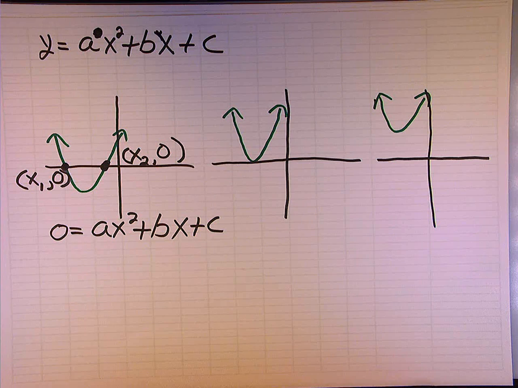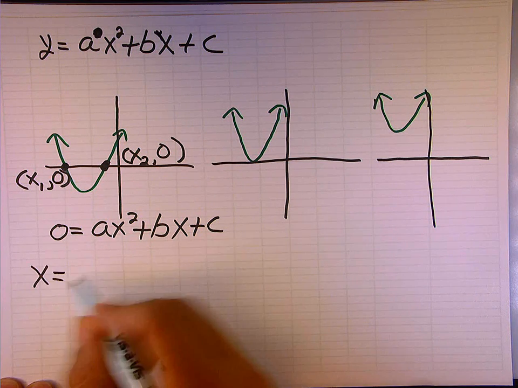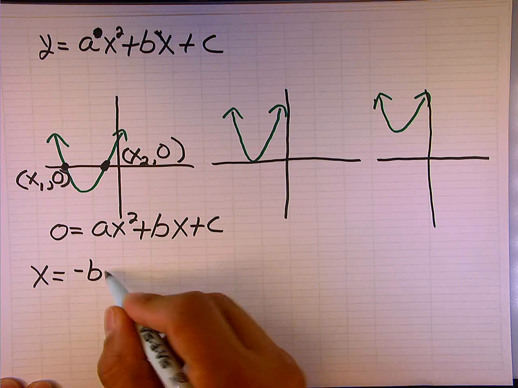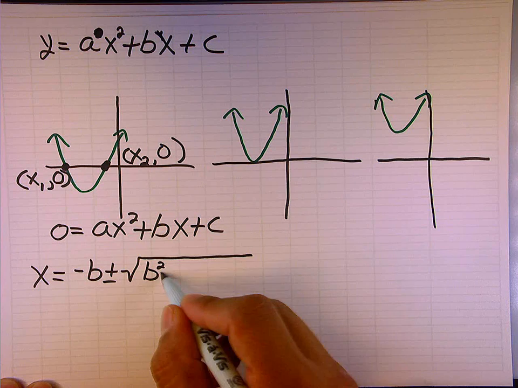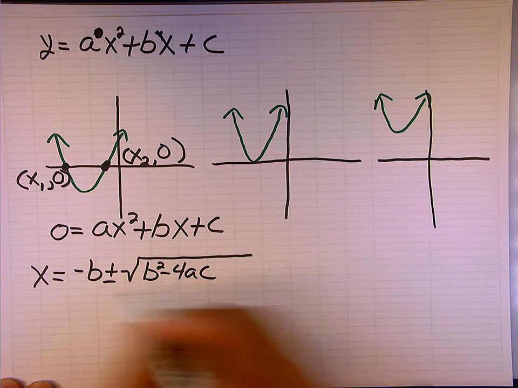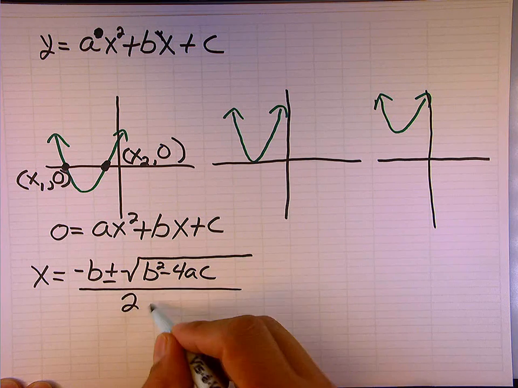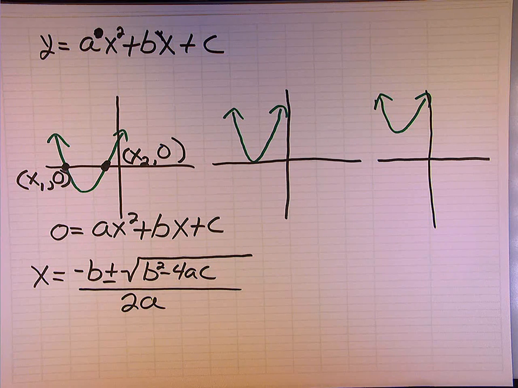So immediately I can find x1 and x2 by using negative b plus or minus the square root of b squared minus 4ac over 2a. Notice this will produce 2 x values. One where I take the positive of the square root, one where I take the negative of the square root.